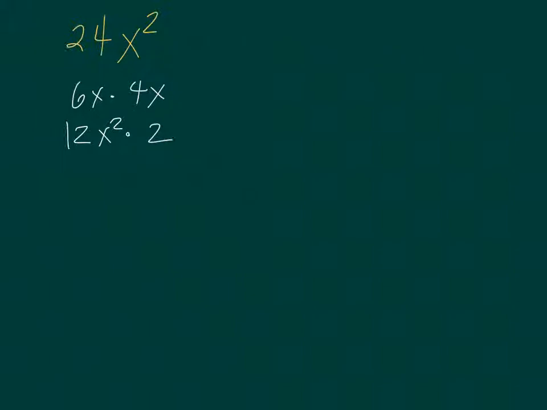I can factor it as 8x times 3x. I can factor it as 8 times 3 times x times x. There are several different ways. I could go on and factor 24 in several other ways as well. 24 times x squared, right?